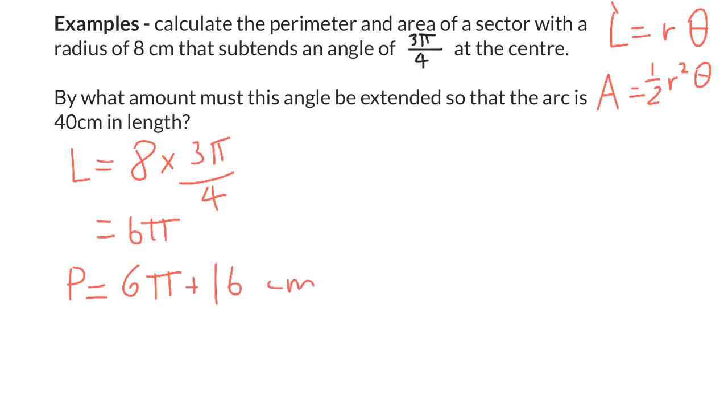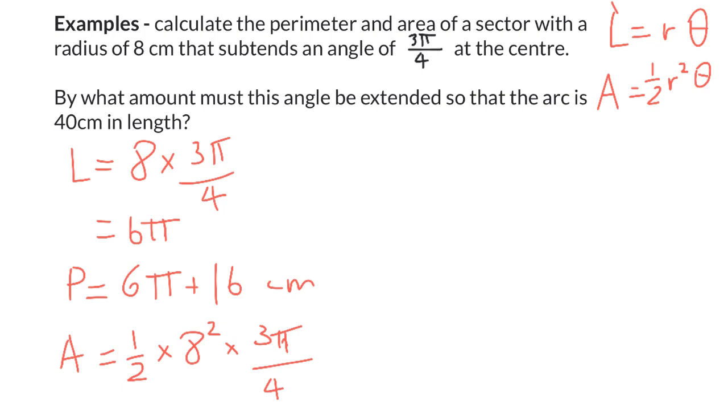My area is going to be half multiplied by 8 squared by 3 pi over 4. Again, I want to put everything in my calculator except for pi, okay? If I don't put pi in my calculator, I'm going to be able to have a nice answer that's an exact value.